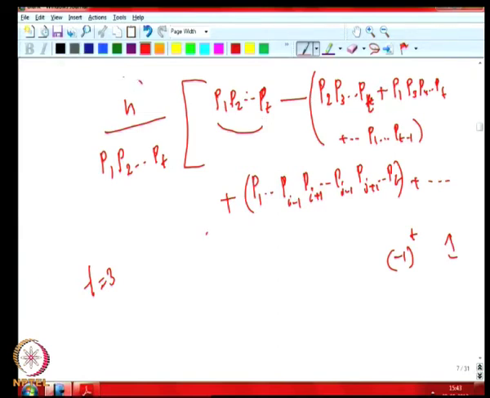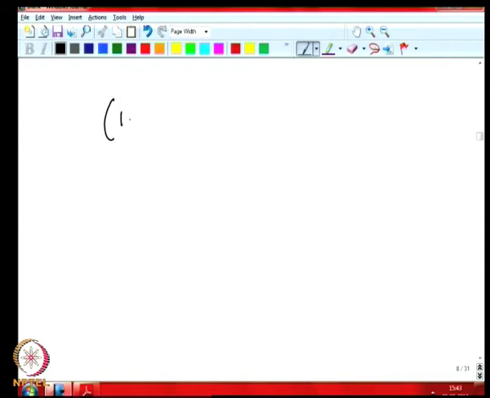You have to notice that, if we just discard the rest for the time being, look at what is inside here, that is p1 minus 1 into p2 minus 1 into pt minus 1.